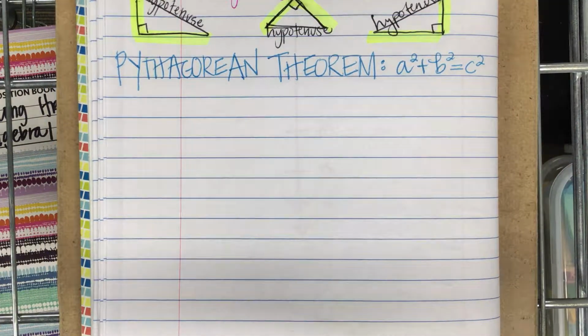The Pythagorean theorem: a squared plus b squared equals c squared.